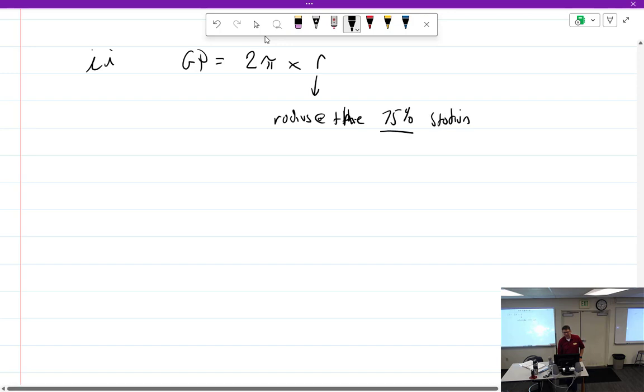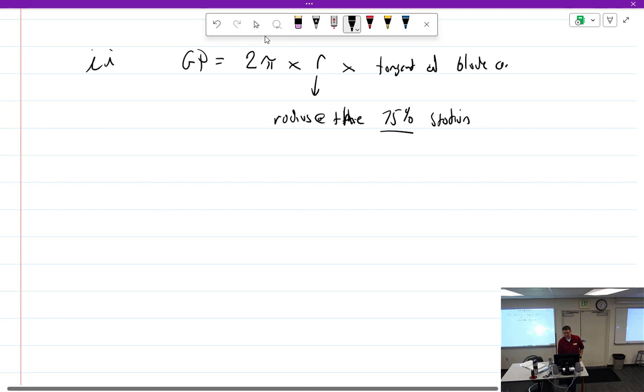Now that's an important thing, because when you're talking about propellers, that is the spot where these measurements are taken from, if you ever have to do it. So it's the radius at the 75% station, times the tangent of the blade angle.